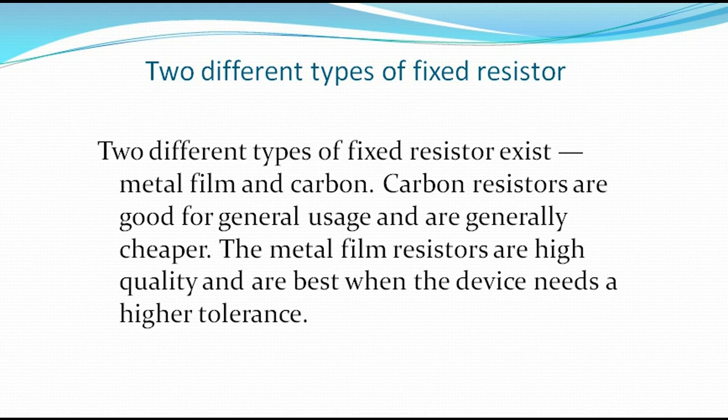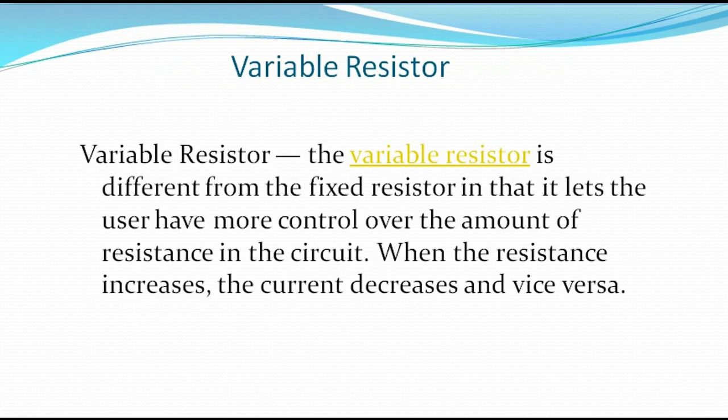The metal film resistors are high quality and are best when the device needs a higher tolerance, while the carbon resistors are good for general usage and are generally cheaper. Both of them are good, all depending on what you are about to do or to build.